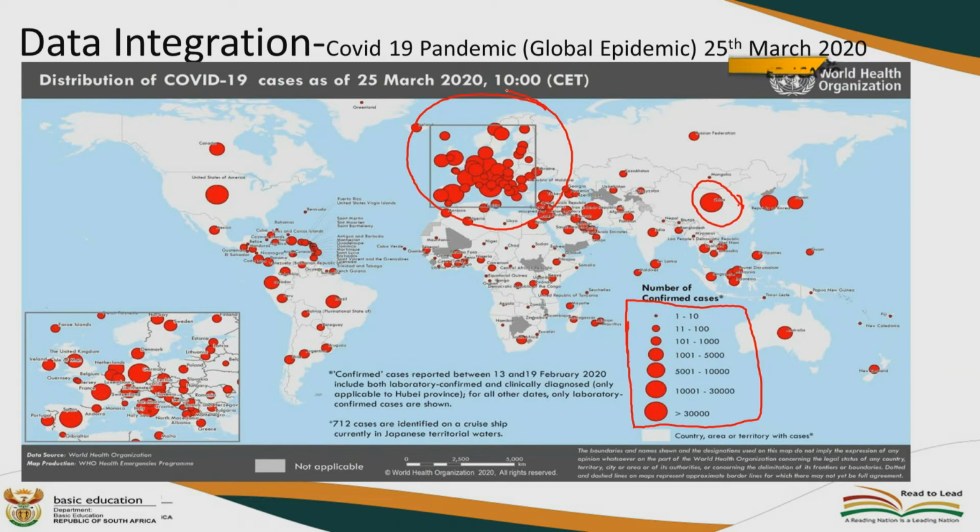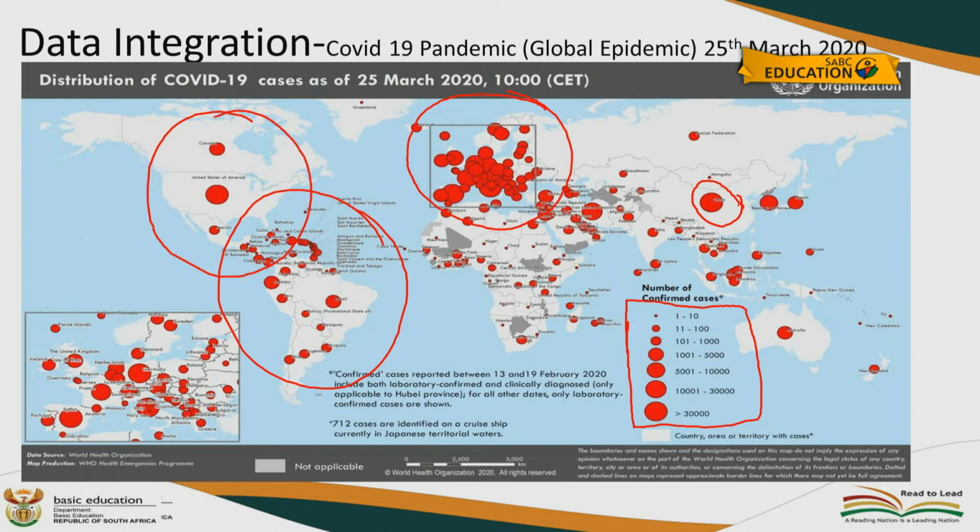Now we are able to represent that graphically in a diagrammatic format using GIS layers. Can you see the layer of the number of confirmed cases? And also what happens here is that you are able to view with various different layers where this virus is spreading and how. Note in South Africa, at this stage, on the 25th of March, we were still between 101 and 1,000.